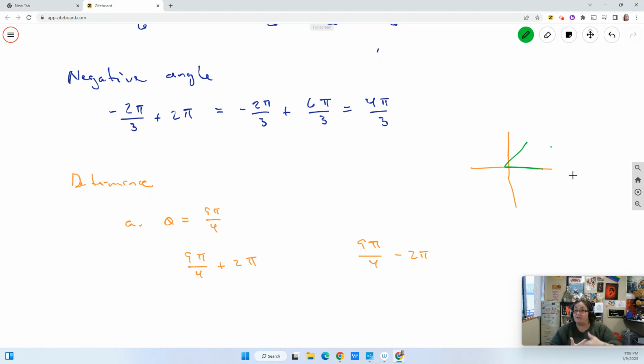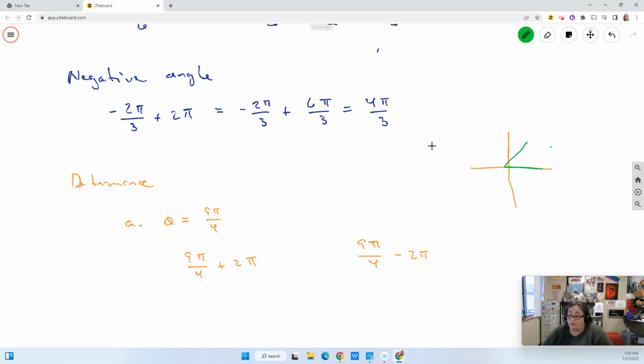In degrees, that angle is now 360 plus 60. Did that make sense? We took our 60 degrees and added another 360 degrees, so we have 420 degrees. Well, that works with radians as well.